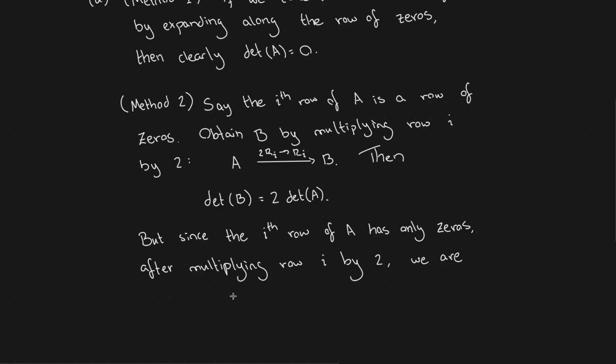Let me phrase it this way. Row i still has only zeros. Row i is still a row of zeros.